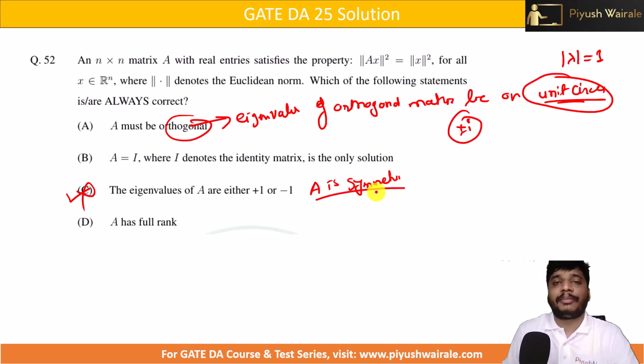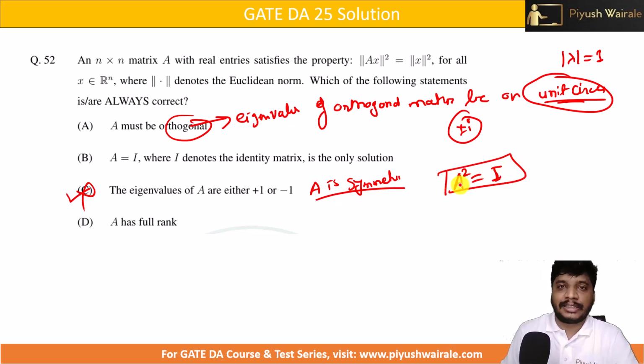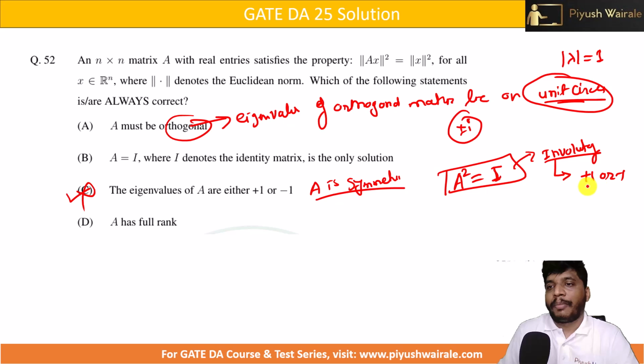If A is a symmetric matrix, it means A square equals I. Now what is this A square equals I? We already discussed, it is basically an involutory matrix. And the property of an involutory matrix is that its eigenvalues are either plus 1 or minus 1.